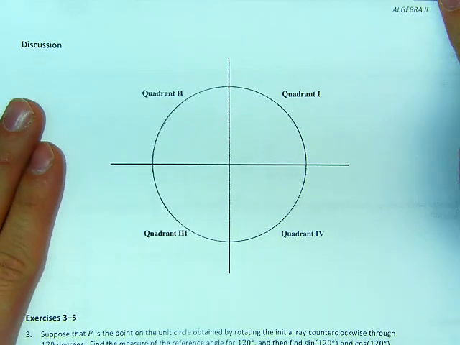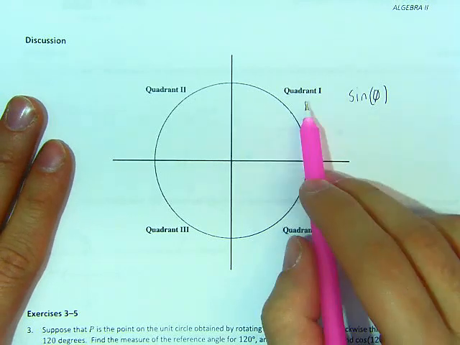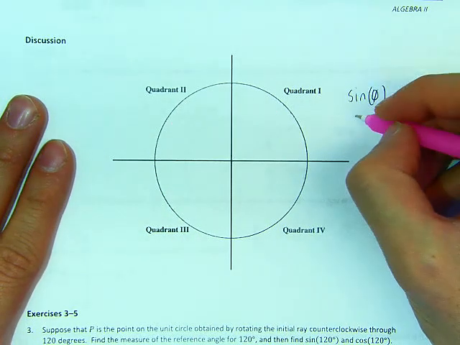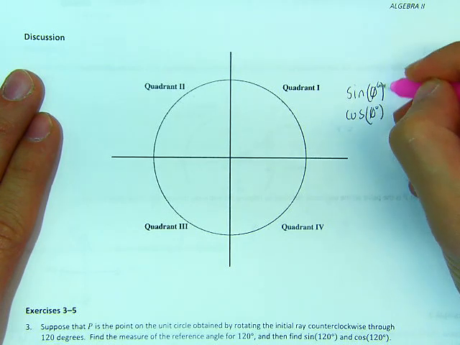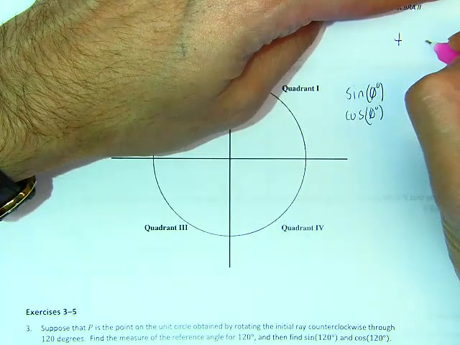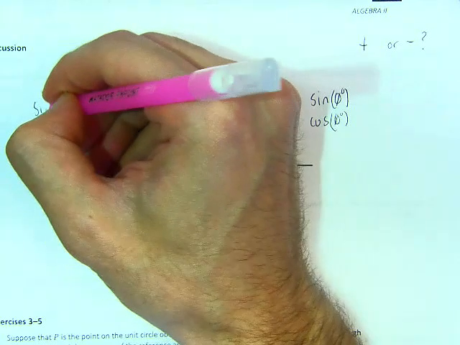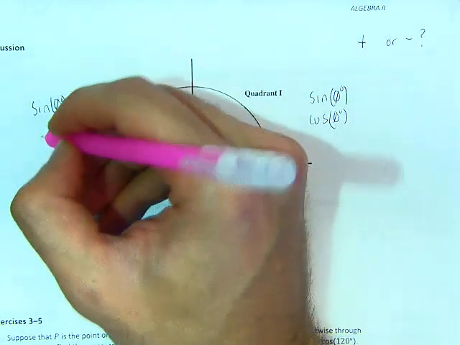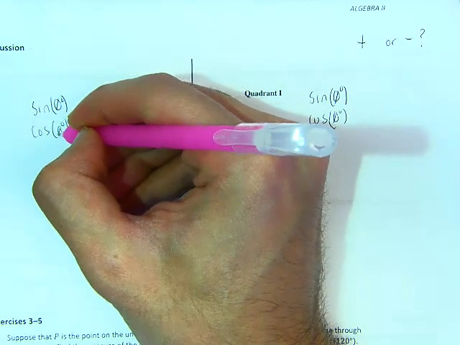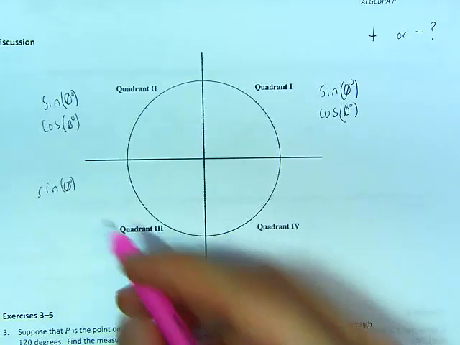Let's discuss this real quick. Here are quadrant 1, quadrant 2, quadrant 3, and quadrant 4. For sine of theta and cosine of theta, I want you to think about whether each will be positive or negative in every quadrant.